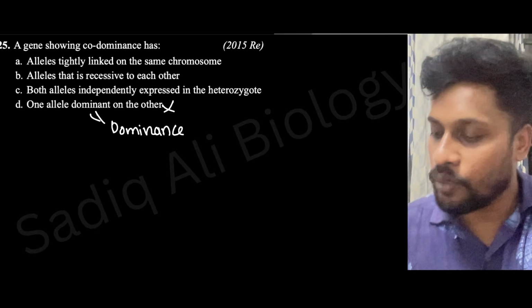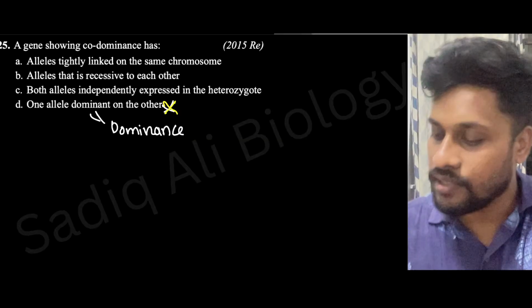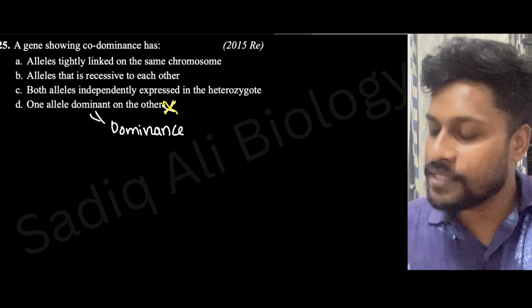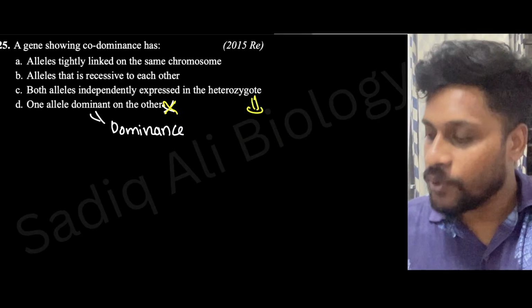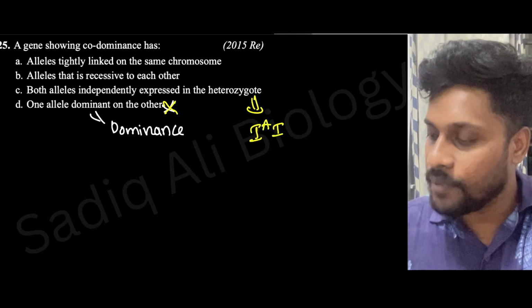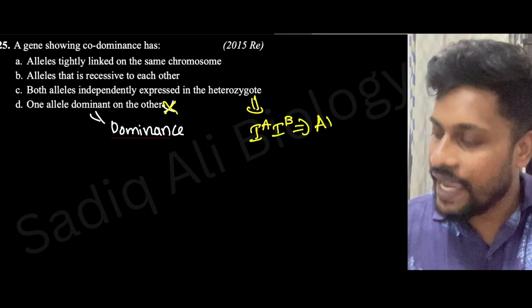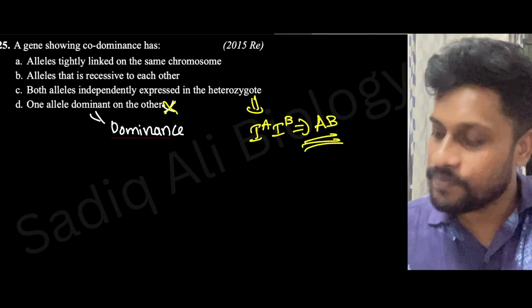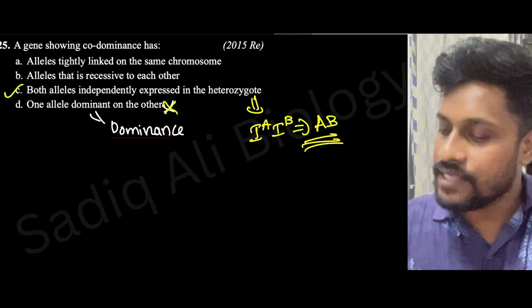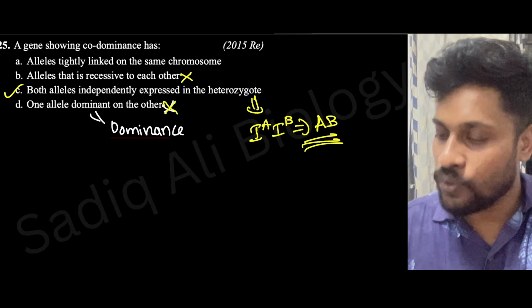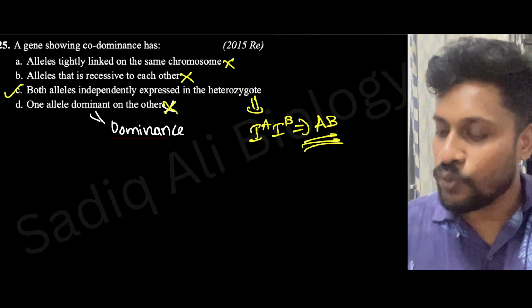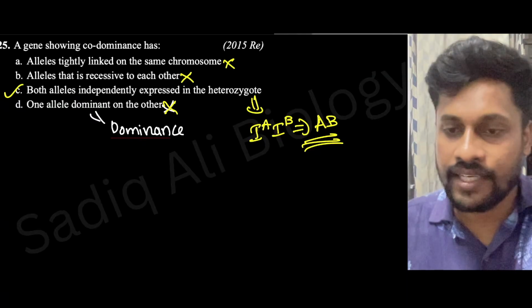Here it is codominance. Both alleles independently expressed in heterozygote is true, because when we take IA, IB, you see both are expressing. That's why we get AB blood group. Alleles recessive to each other, no. Alleles tightly linked, no. So answer will be option C. Yeah, Nitya, correct.